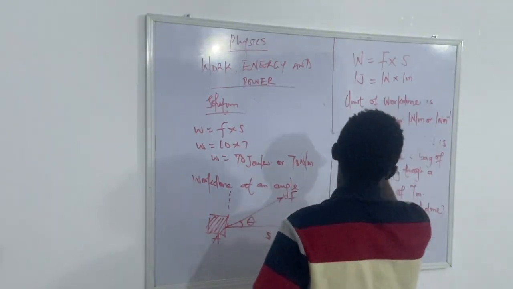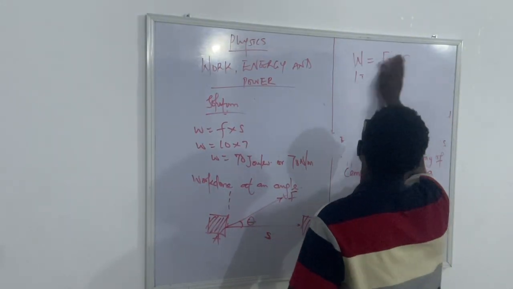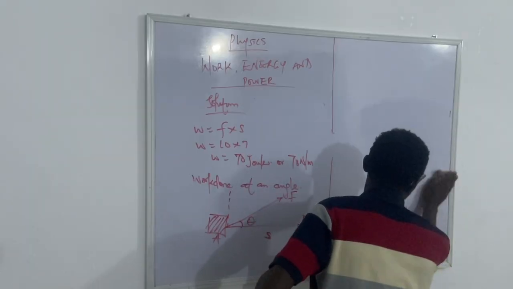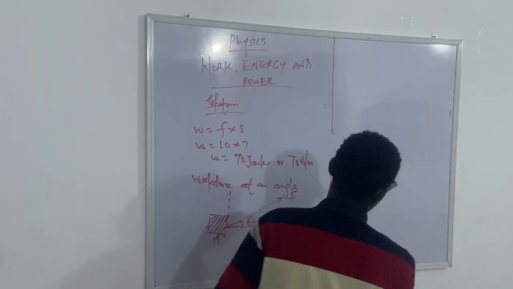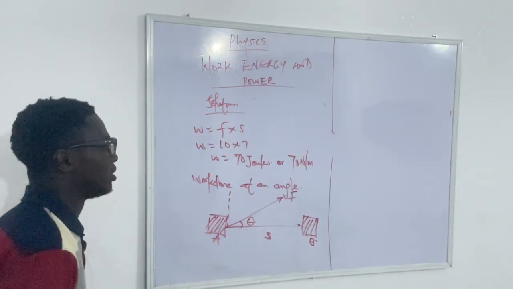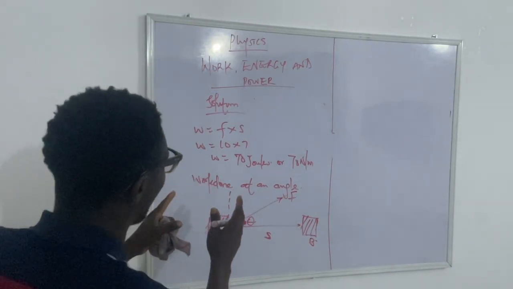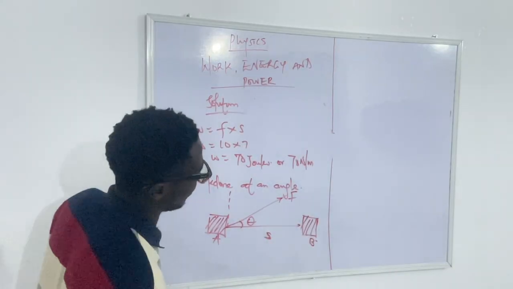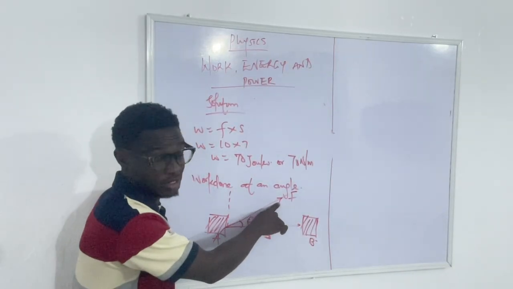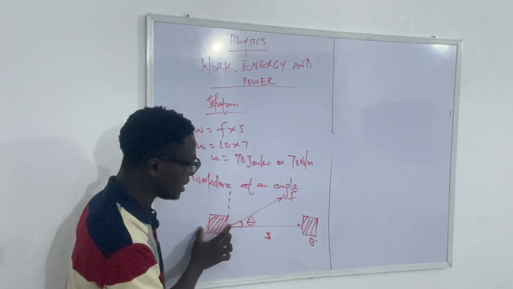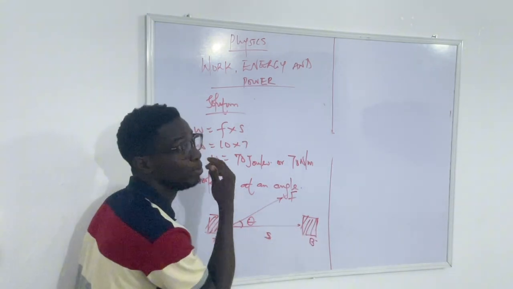Let's rub this so that we can have a free space to work. We said that in this case, this is the force that is pulling this body from A to B.